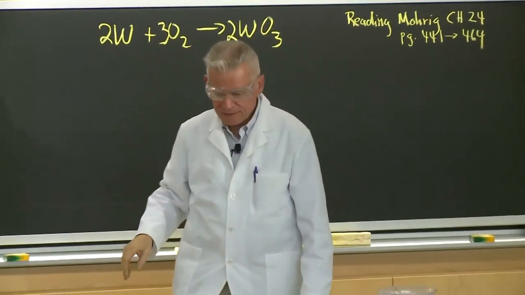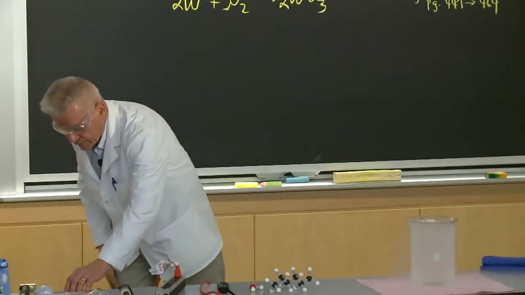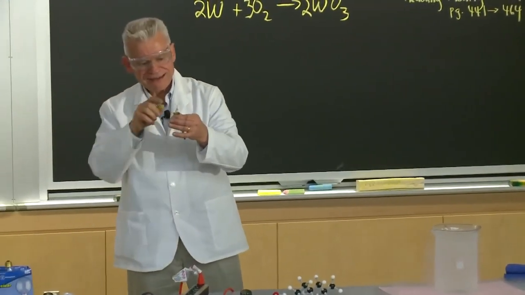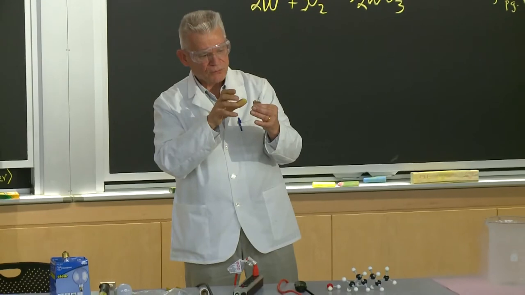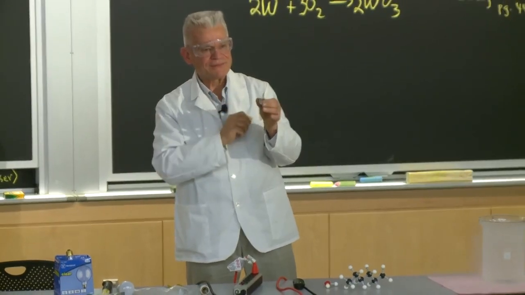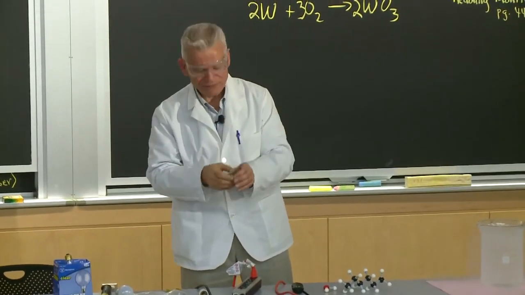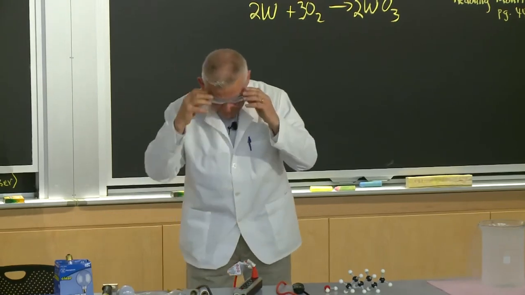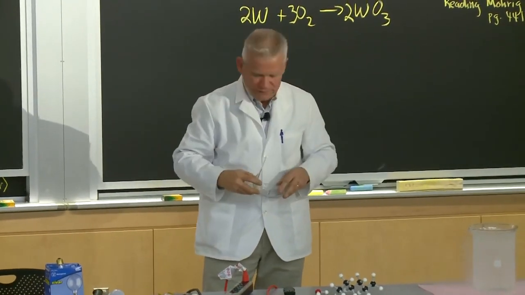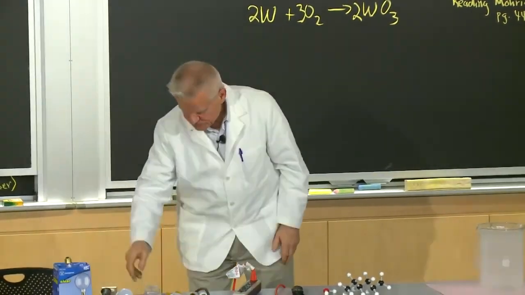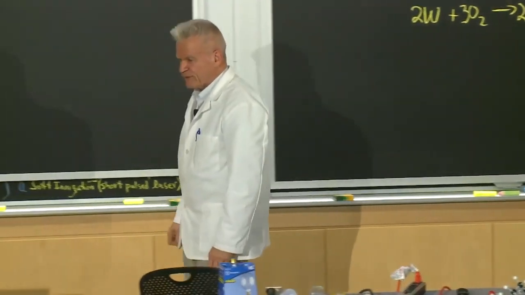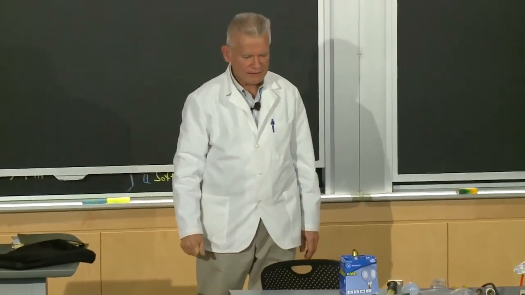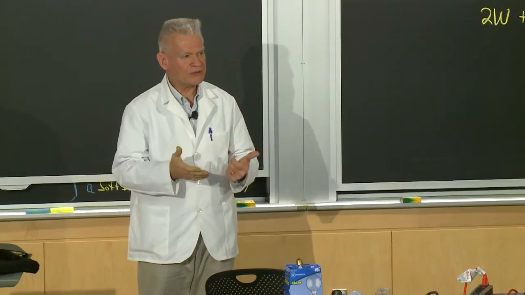If you take one of these filaments that burned out, you can actually see the yellow-white powder from the tungsten oxide that was left over. So, J.J. Thomson, because of his discovery of the electron, I wanted to show you this electrical demo.